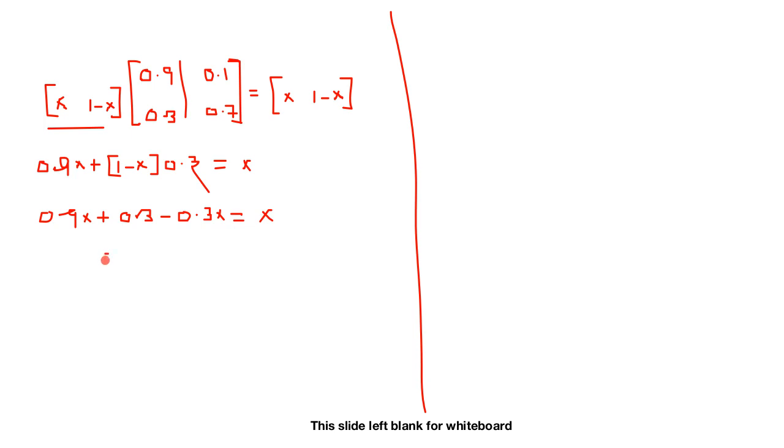On this other side, we'll have 0.3 equal to x plus the negative 0.3x. If it crosses the equal sign, it becomes a positive 0.3x.